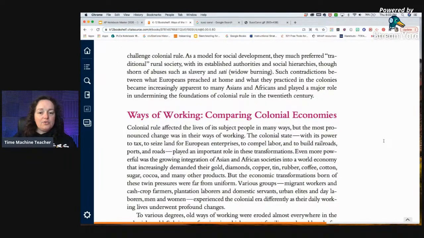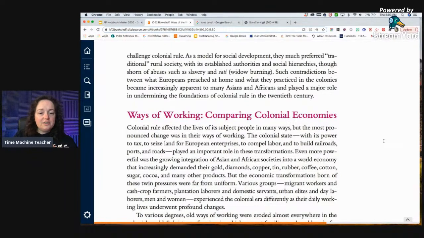As a model for social development, they much preferred traditional rural society with its established authorities and social hierarchies though shorn of abuses such as slavery and sati, which is widow burning. That's when a husband dies, the widow has to jump on his fire that's burning the body and basically commit suicide. That was going on in India.